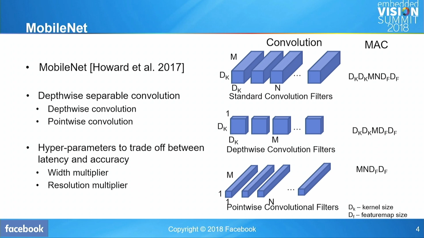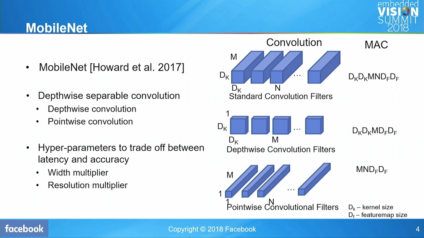The main idea is to decompose the convolution into two different layers, a depthwise convolution and a pointwise convolution. While depthwise convolution runs a convolution on each channel separately, pointwise convolution is a very small one-by-one kernel size convolution. Using a combination of these two gives very efficient and faster building blocks for convolution.